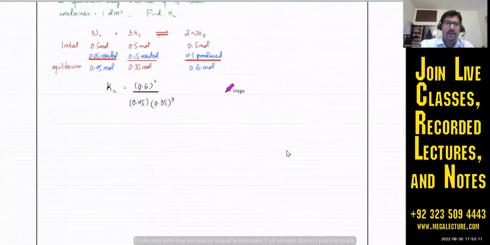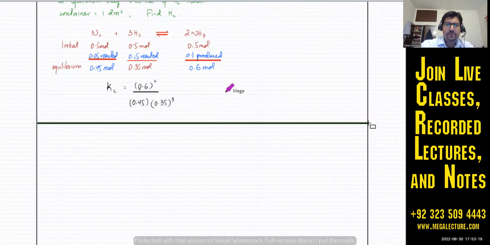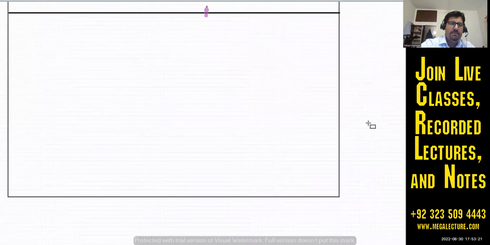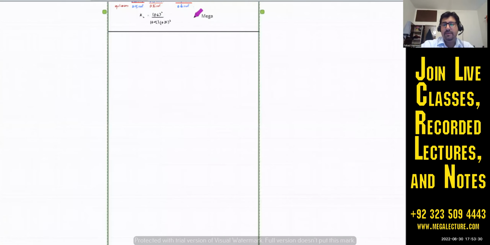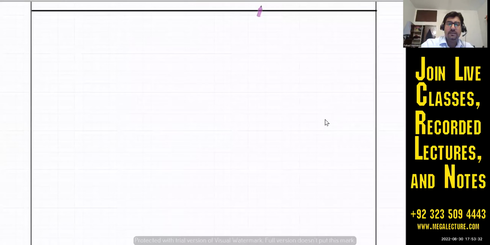Okay, now I'll just do one Kp question and then we'll do some past paper questions related to Kp. So Kp mein what happened was, that's for gases, and Kp, remember, gases के अलावा किसी के लिए नहीं हो सकता.